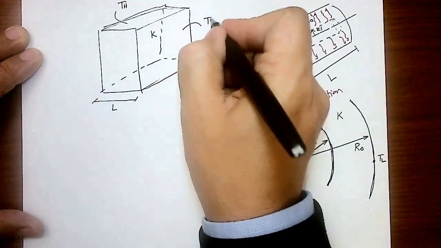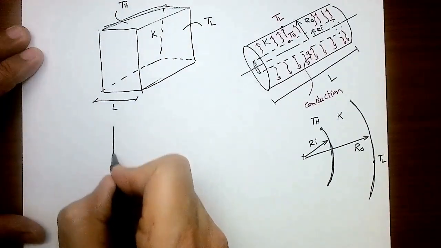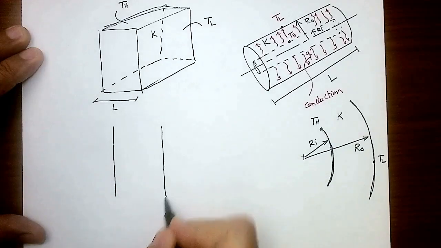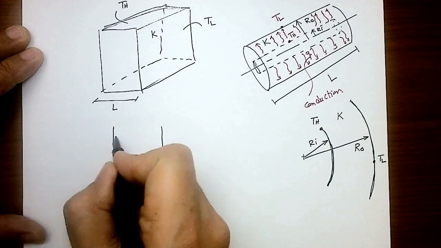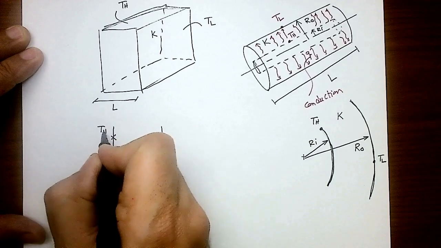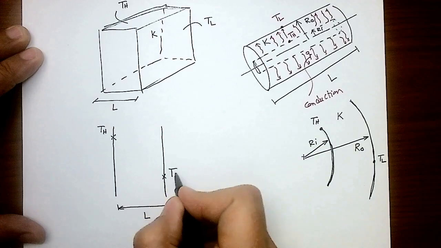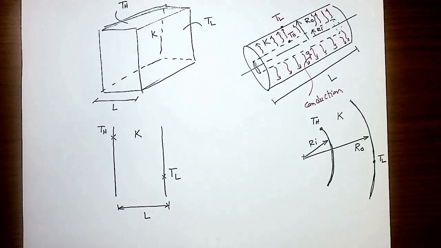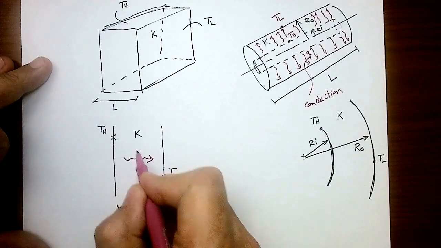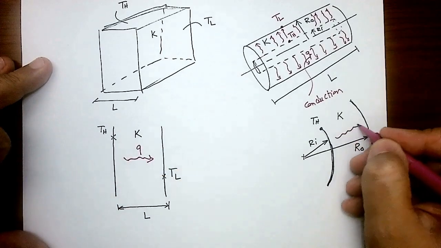The front face here is at T_L. So we simplified that by two parallel lines separated by a distance L. This face has higher temperature T_H. This face has a lower temperature T_L. And we know that thermal conductivity is here. There is energy going to transfer in that direction. That's Q.